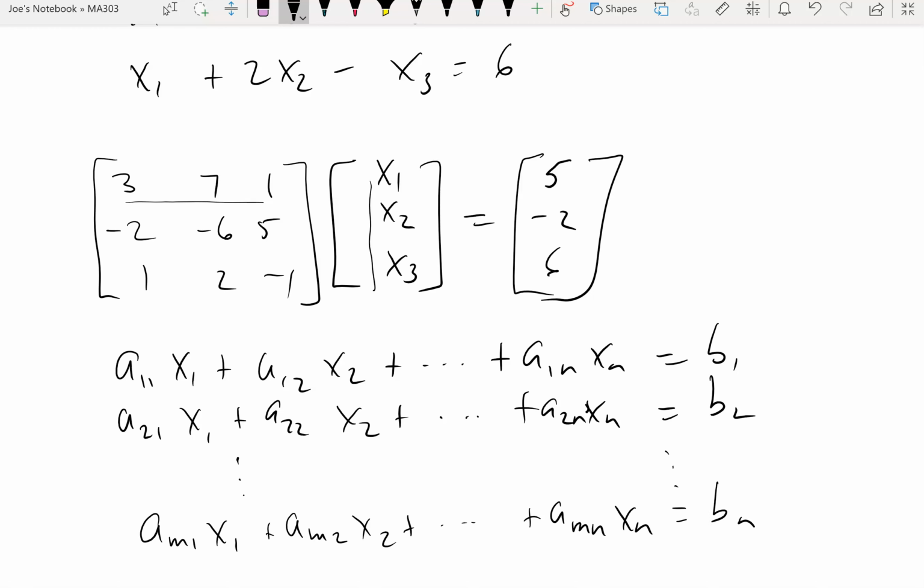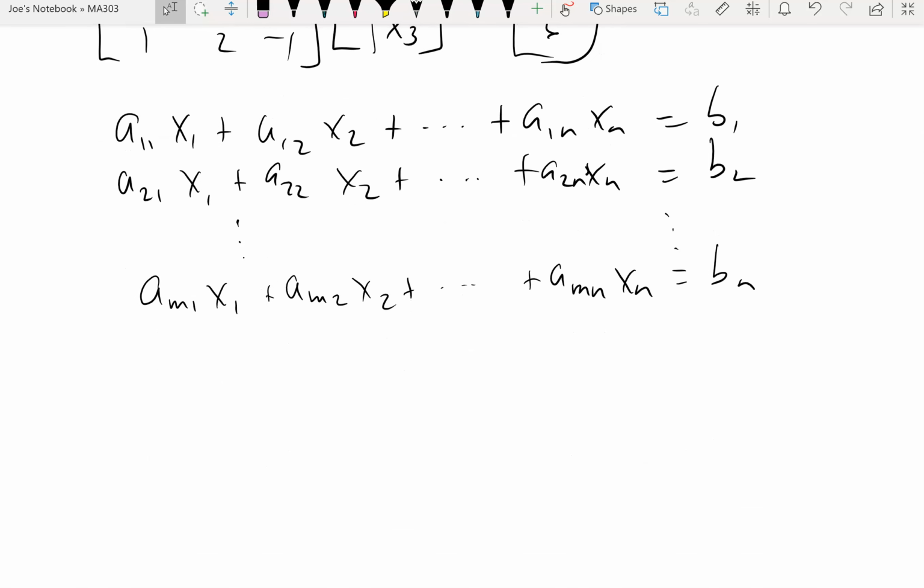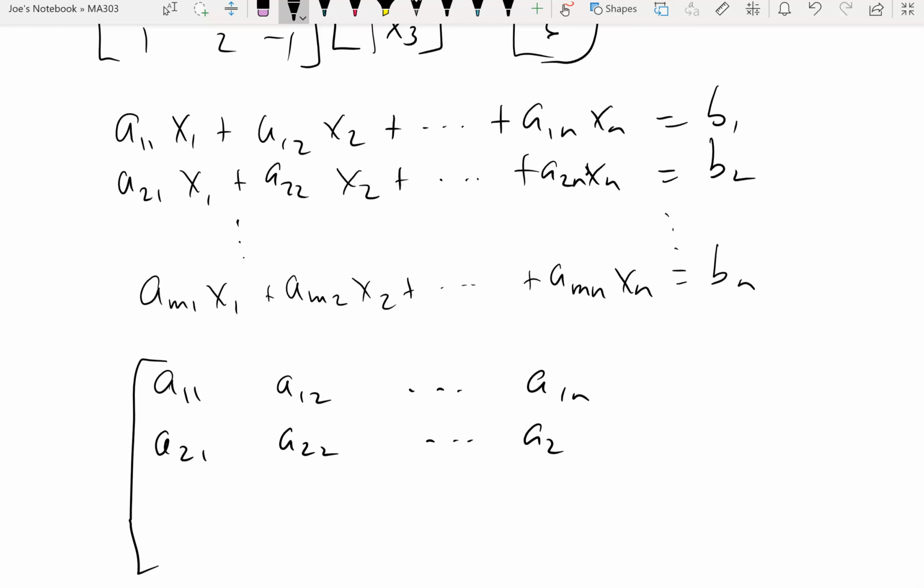If we've got this system, generally, then we can pick off the coefficients to make our matrix. So all I'm doing in the matrix part is just taking the coefficients and making the matrix of coefficients, or what we refer to as the coefficient matrix.